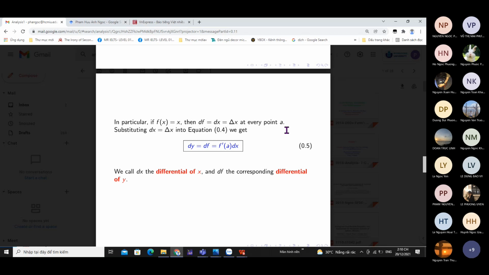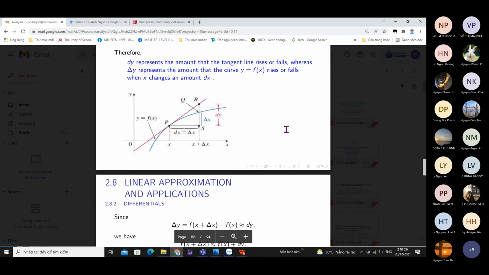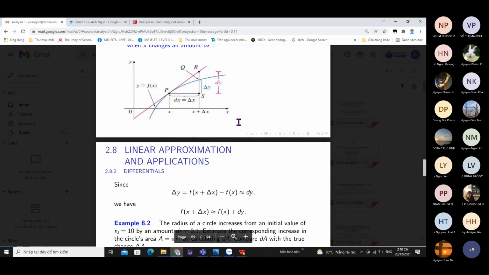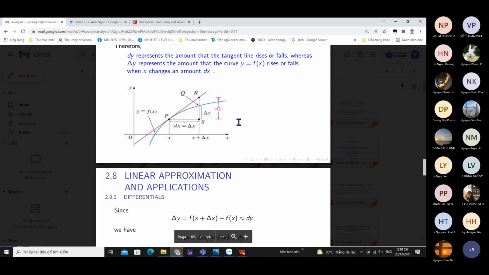Differential. Now look at the figure, you see. We suppose that the graph of f is given by the blue curve here, and the red line stands for the tangent line to the graph of f at the point P with coordinates (x, f of x), okay? So here dx equals delta x, which is just the change in x.